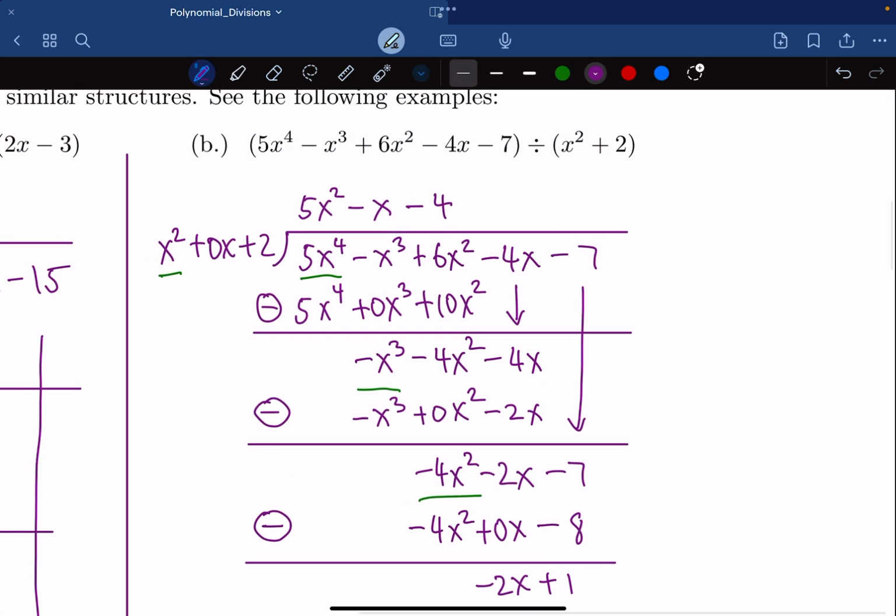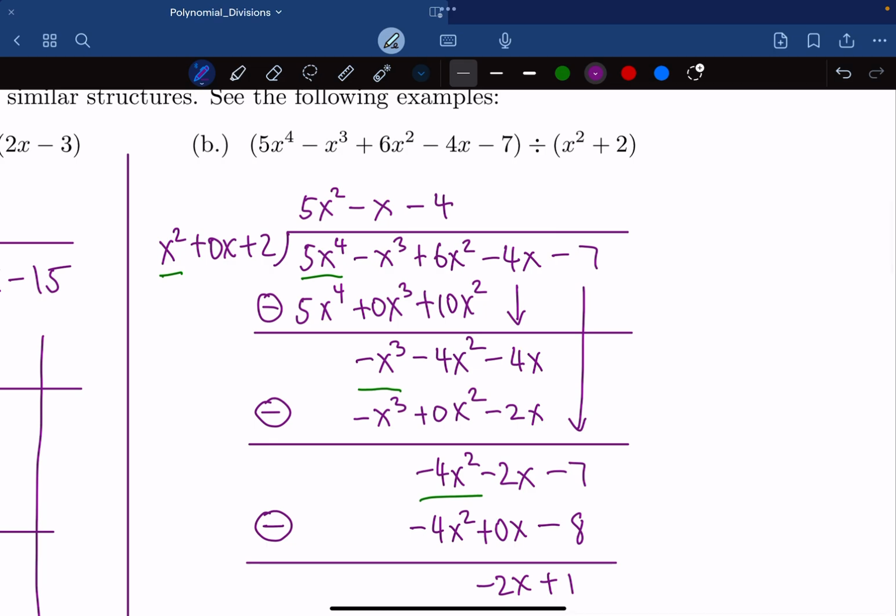So the way you want to write down your answer is just like before. I'm going to write equals 5x squared minus x minus 4, but plus the remainder, which is going to be negative 2x plus 1 all over the divisor. But this time I do not need the placeholder anymore because I'm not doing the long division anymore.